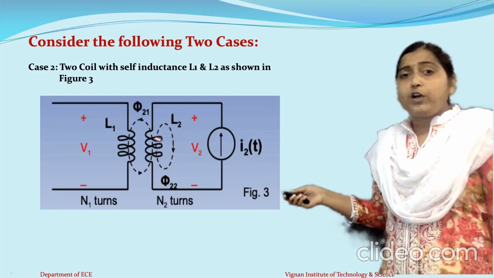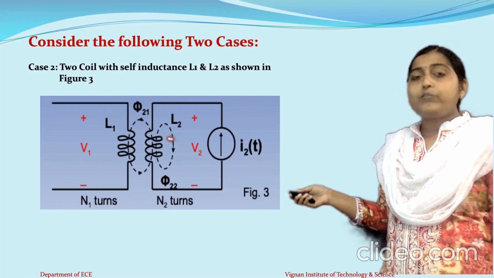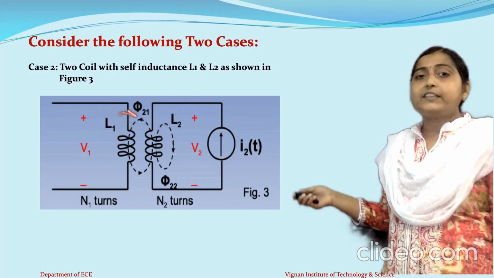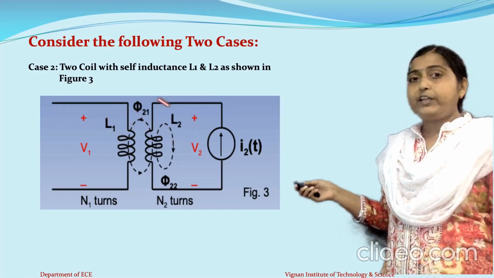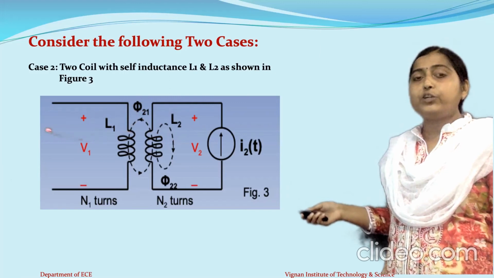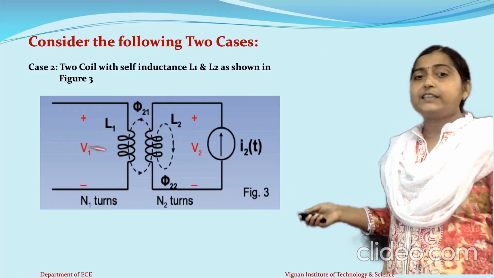Now some flux is also linked to the first coil L1. Let us represent the flux linked to the first coil as phi 21. Because of this flux phi 21, some voltage is induced across the first coil. Let us call this voltage V1.